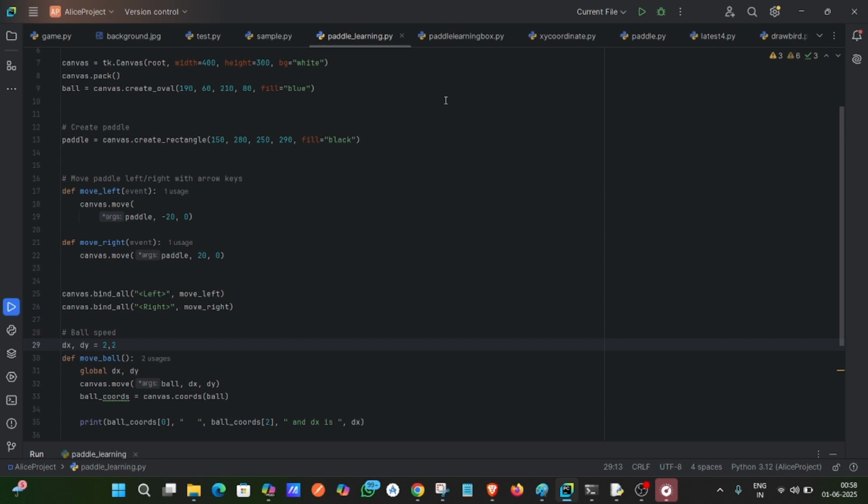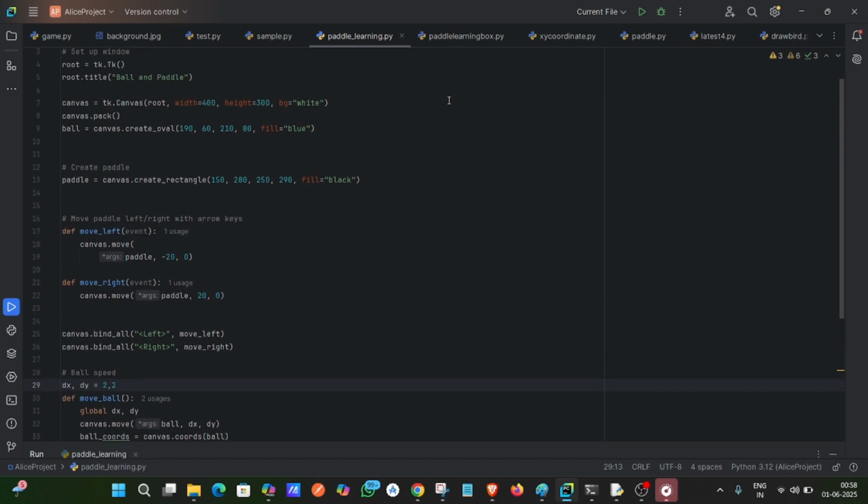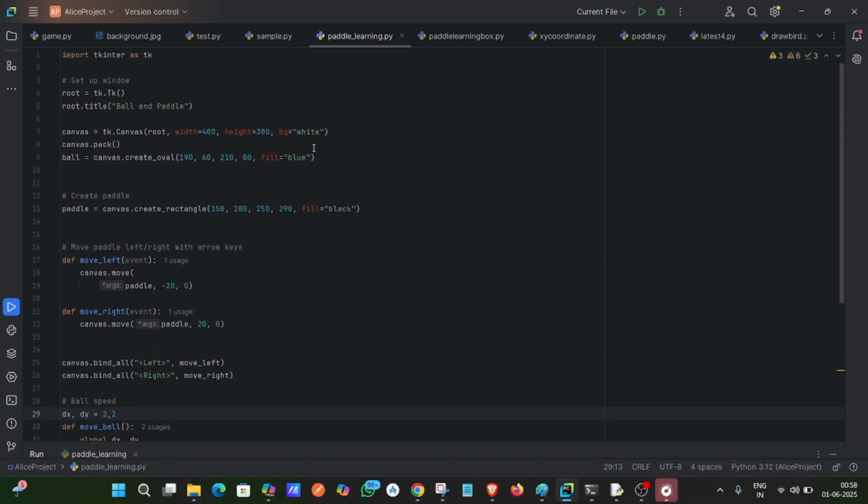So let's do that. We need to check one more functionality: whether the ball has collided with the paddle or not. And before that, remember the coordinates of the paddle. See paddle: x1 equal to 150, y1 equal to 280, x2 equal to 250, y2 equal to 290.